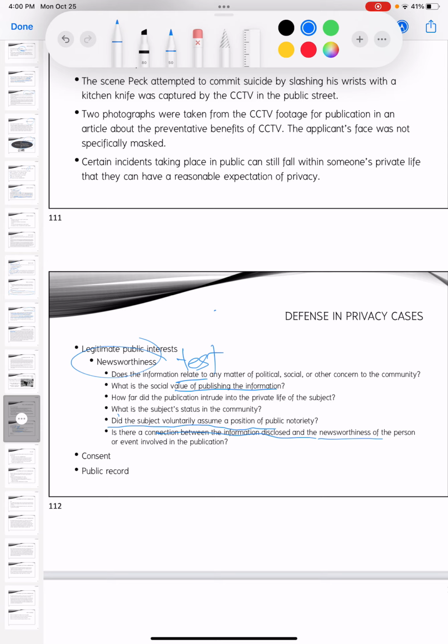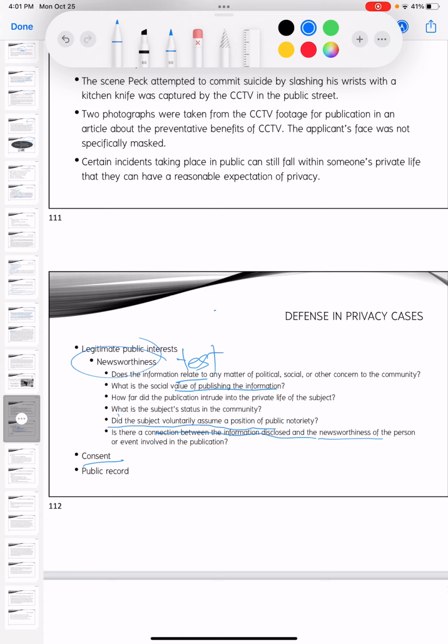The next defense is consent, if that person says, yes, please publish my information, that's fine. That's totally fine. We don't care if that is of public concern or not anymore. Even if it is not newsworthy, but this information has been published based on the consent of that person, that's fine, even if it relates to his private life.